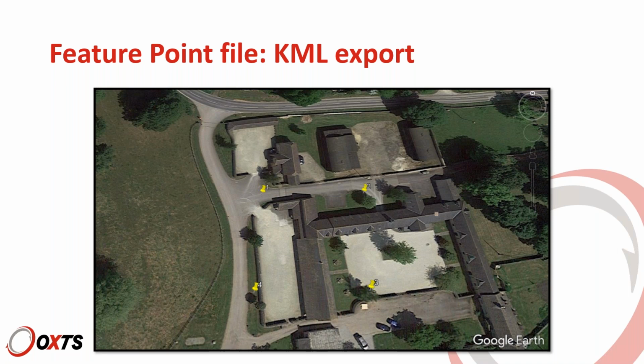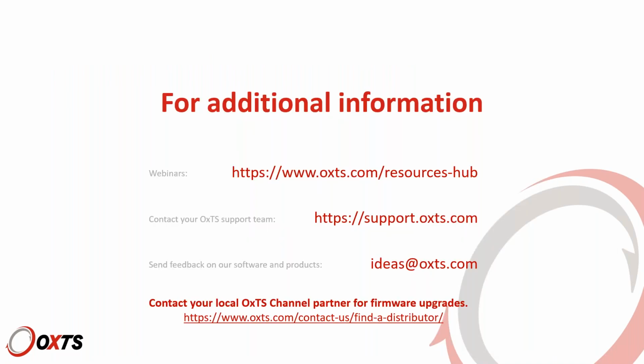And again, you can combine this with the functionality in NavGraph to export your position trace and compare the position of your vehicle to key points of interest on your test ground. And that's a quick run through of all of the new enhancements in RT-Range Suite and NAVsuite.